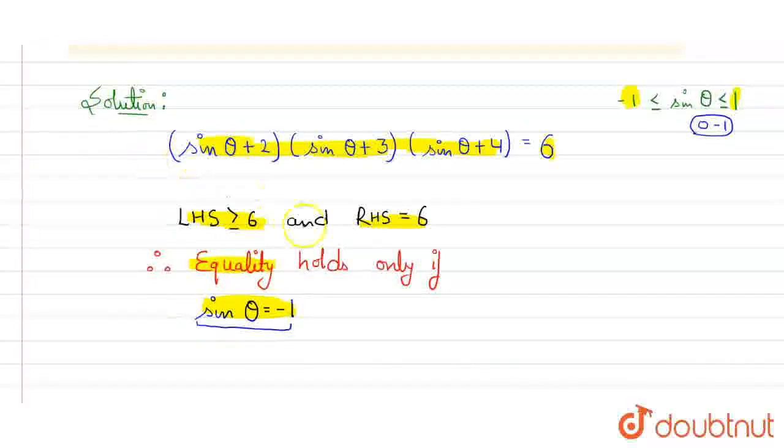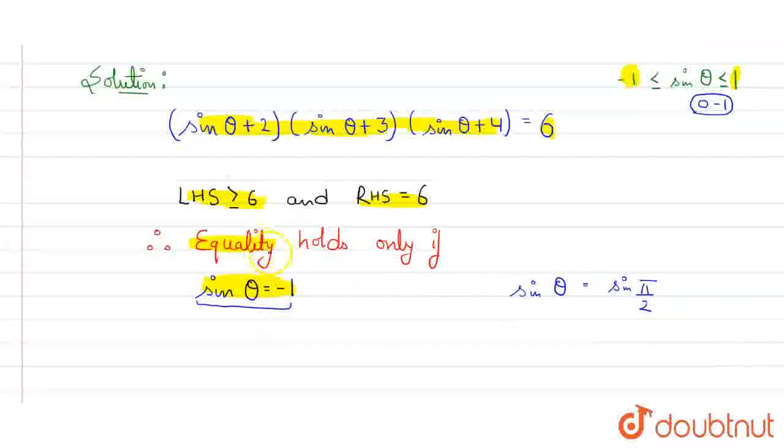So what will be the value of theta? Sin theta is equal to 1 at 90 degrees, but here I have -1, so I'll change it and write 2 pi minus 90 degrees, which gives 3 pi by 2.